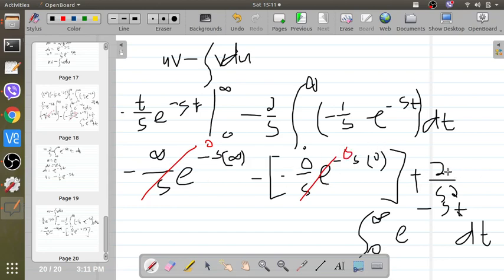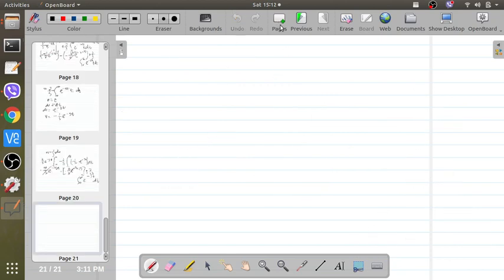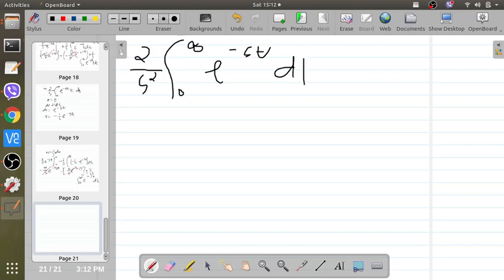The remaining equation is 2 over s squared times the integral from 0 to infinity of e raised to the power of negative st dt. Next, solve this integration.